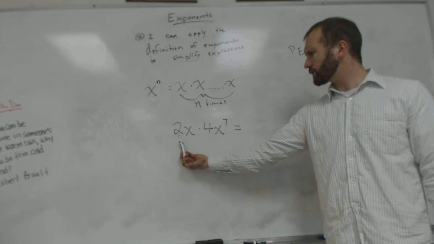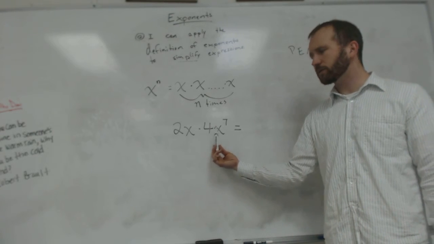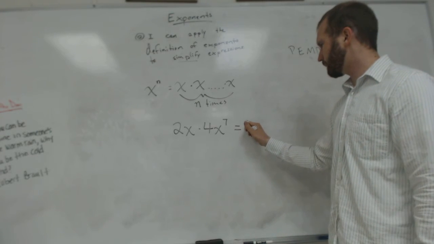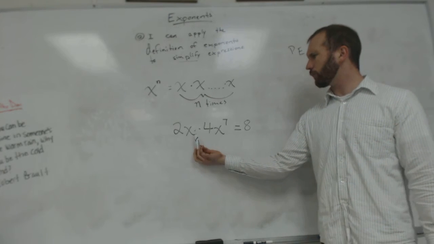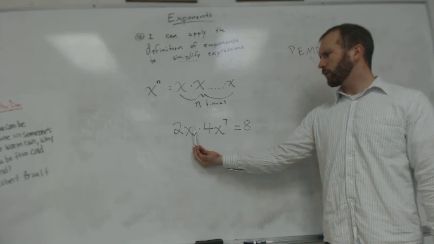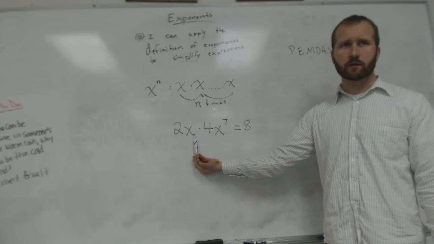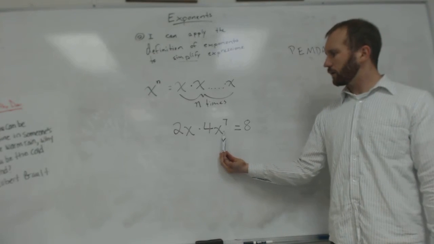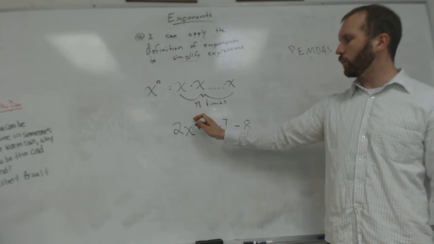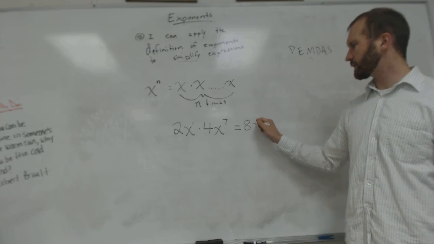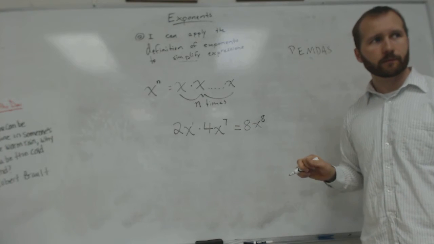So I take my coefficients and I separate them out. 2 times 4 is 8. Now I ask myself, what exponents do I have? What exponent do I have here on the x? It's 8x to the 8th. Yeah, x to the 1 here. So 1 plus 7 is 8.